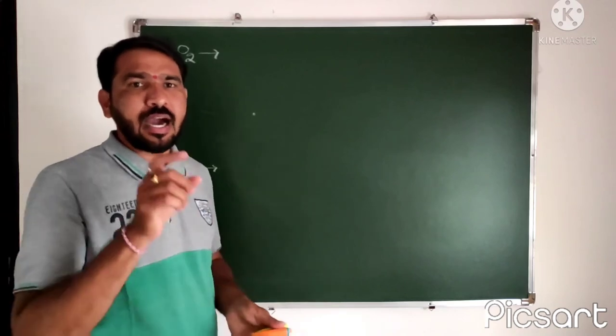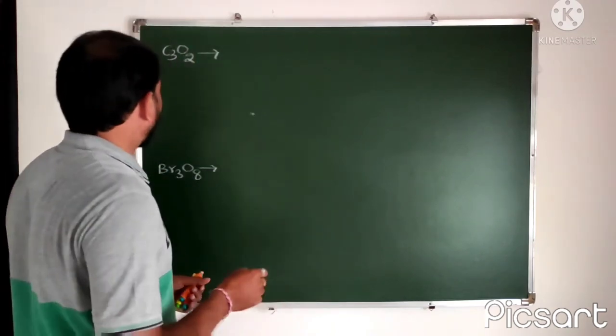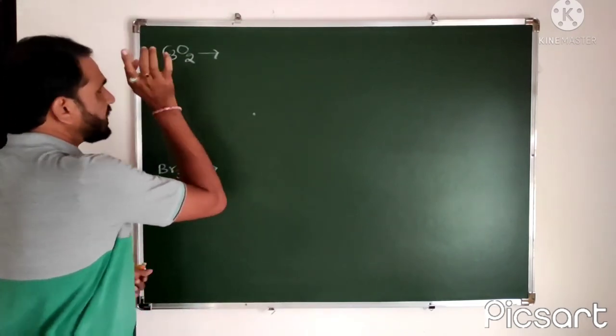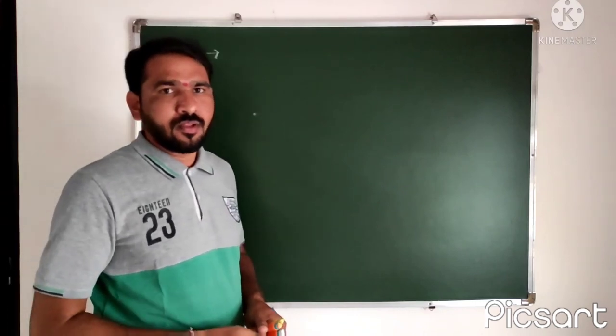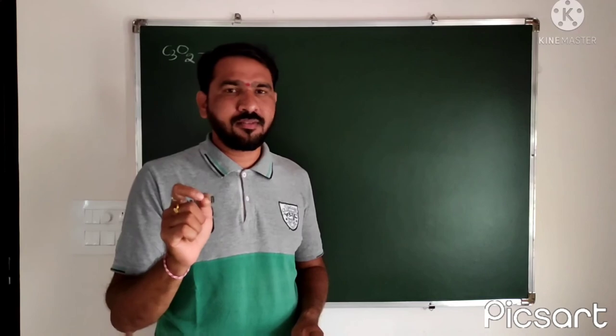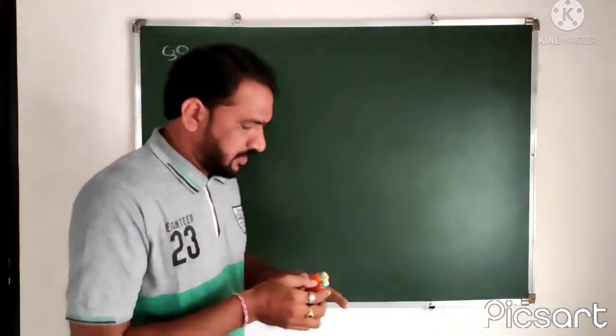Its name is carbon suboxide. For this carbon suboxide, to find the oxidation state of carbon, we have to know the structure of carbon suboxide first. Then we can easily get the carbon oxidation state from the structure.